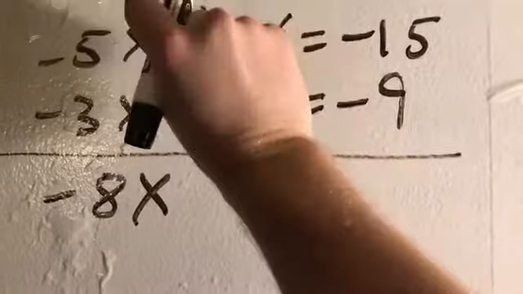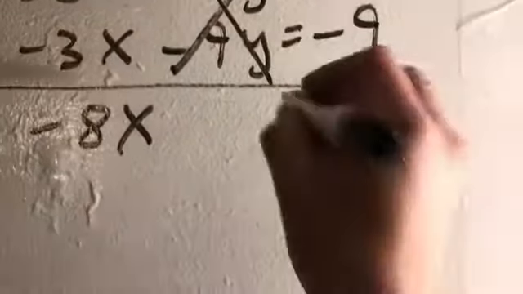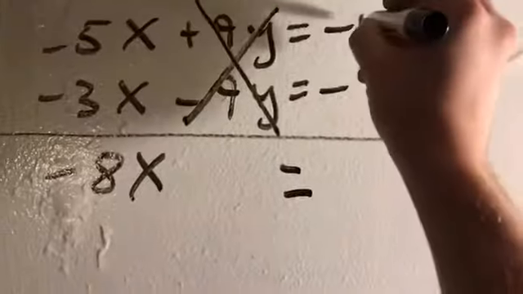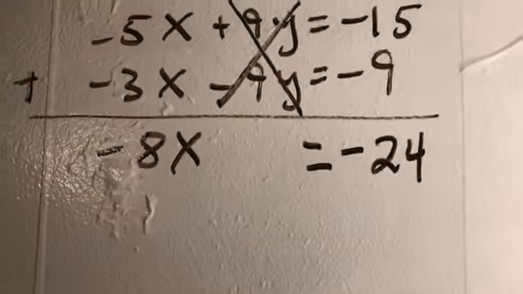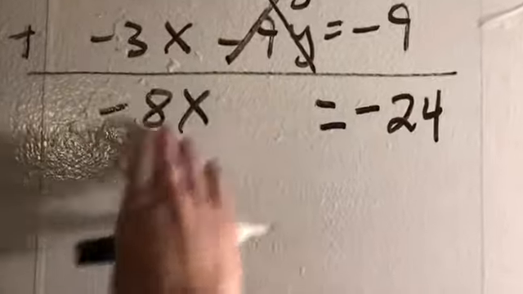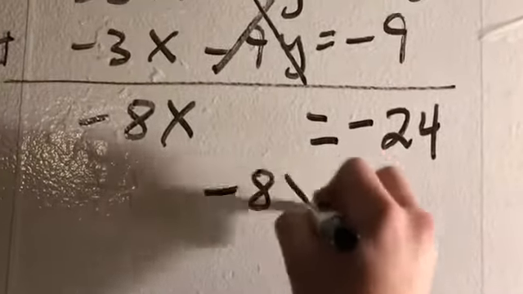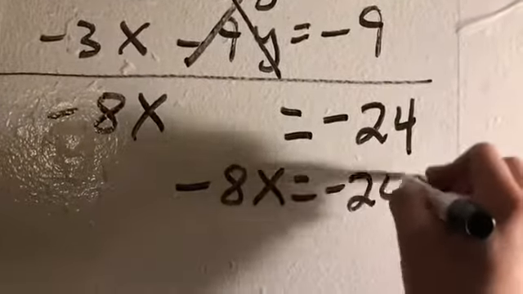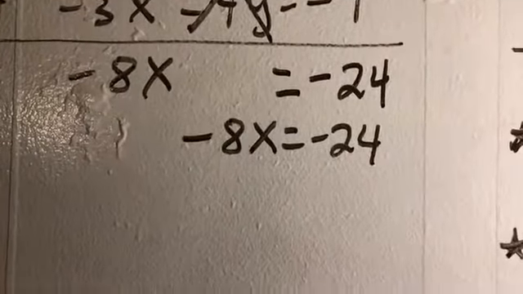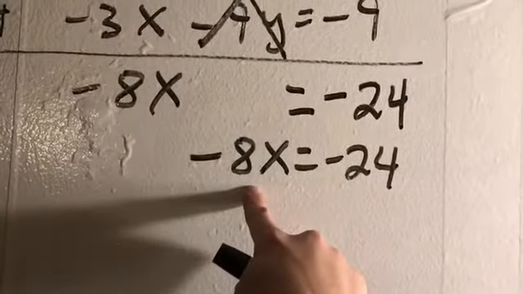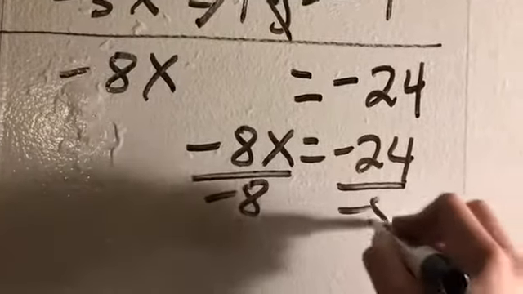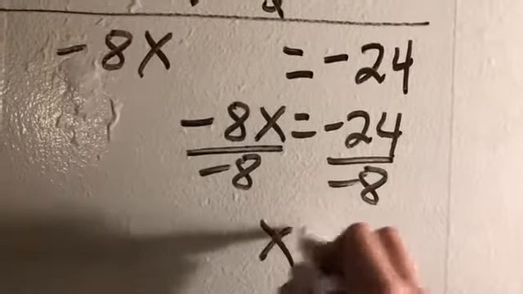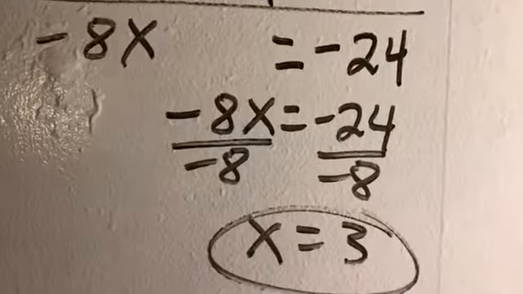When I subtract those, they go to 0. Equals negative 15 minus 9 is negative 24. Negative 8x equals negative 24. There's nothing in between here, so I know that's multiplication. So I'm going to divide as the opposite inverse operation. So I get x is equal to positive 3.